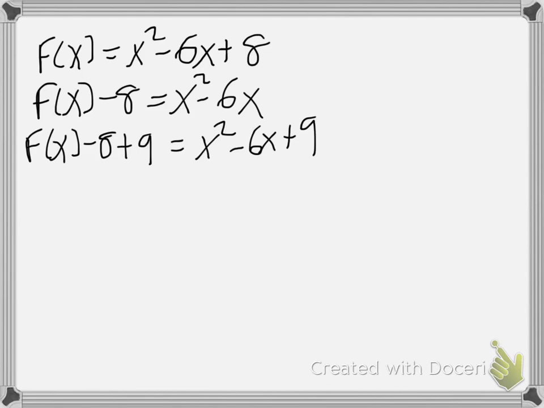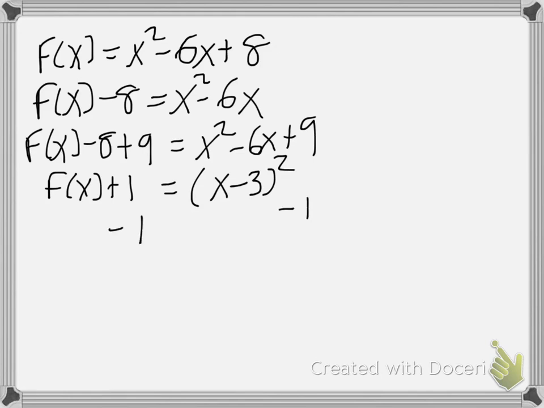Alright, so this simplifies to f of x plus 1 is equal to x minus 3 squared. And the last step, subtract 1, we get f of x is equal to x minus 3 squared minus 1.